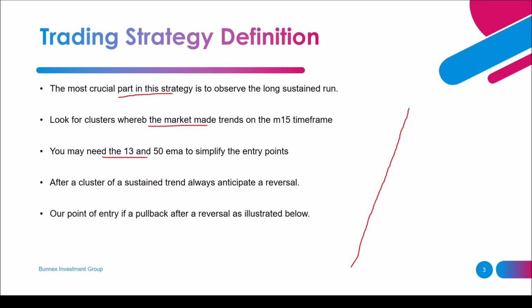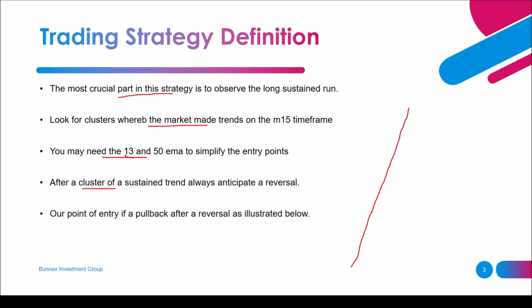You may need the 13 and 50 EMA to simplify the entry point. So basically these are the indicators that you can add on your charts: the 13 and 50 exponential moving average applied to close, and you can as well add these on your mobile or tablet, any of your trading devices.